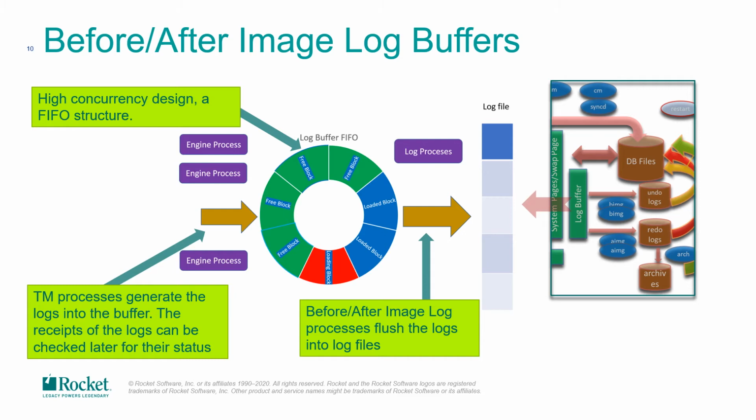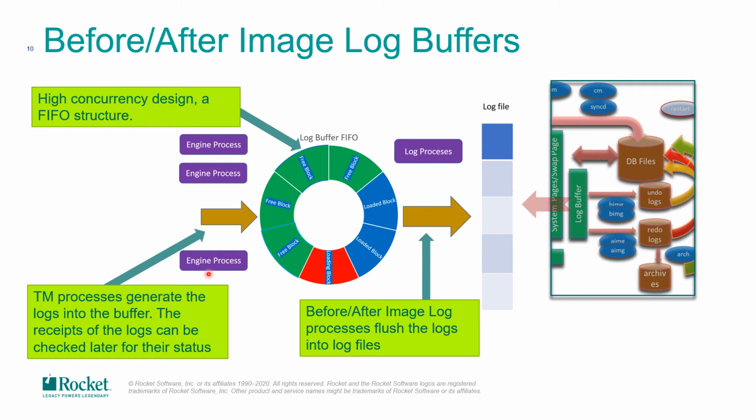Once a log record is completed and loaded into the buffer, it gets a receipt. With the receipt, in the future, you can check the status of whether the log record is flushed to disk, still in memory, or is being flushed.